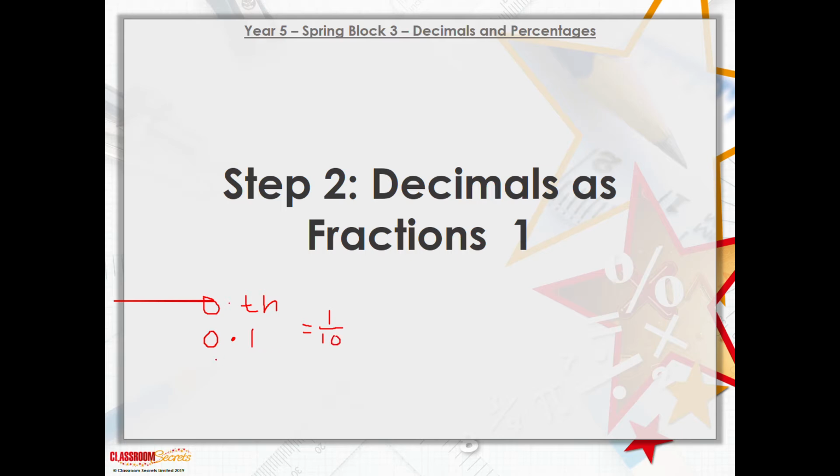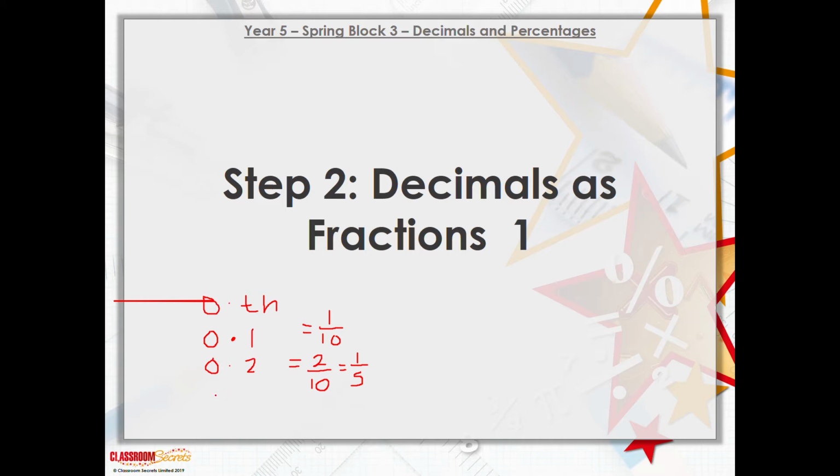If I look at 0.2, so I write my decimal number, that is equivalent to 2/10. And so on until I get to 0.9, which is 9/10. Now 2/10 is also equivalent to 1/5.